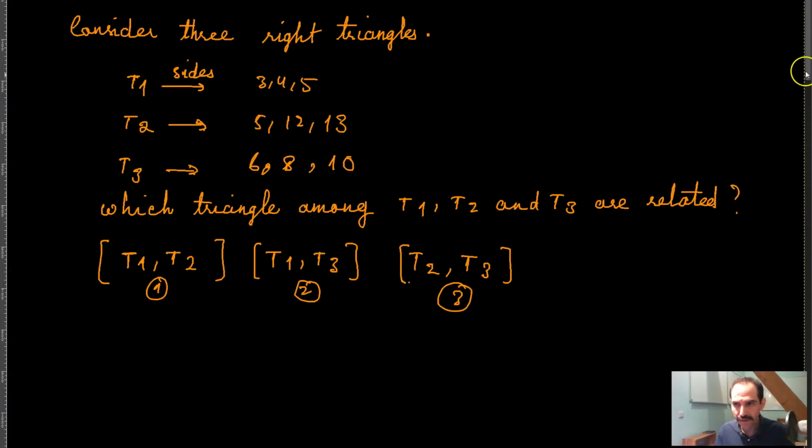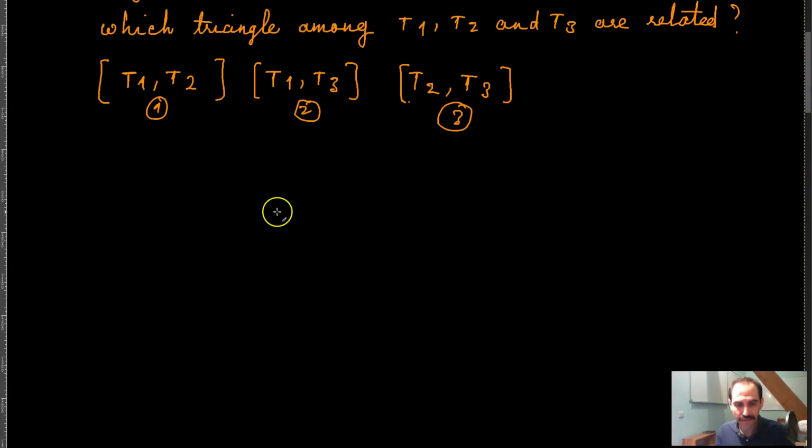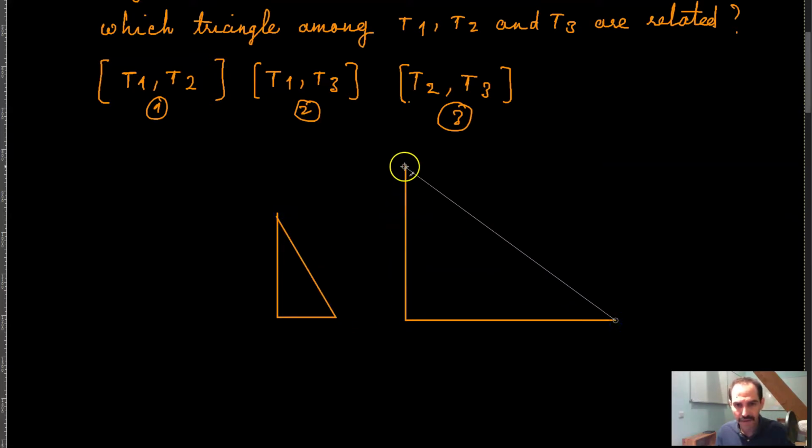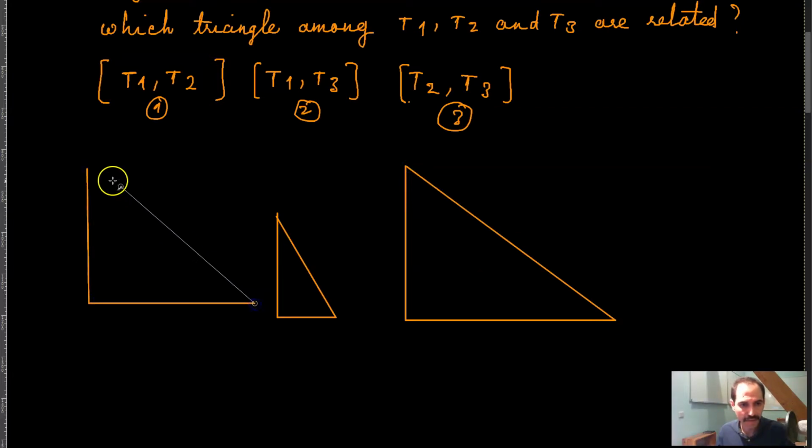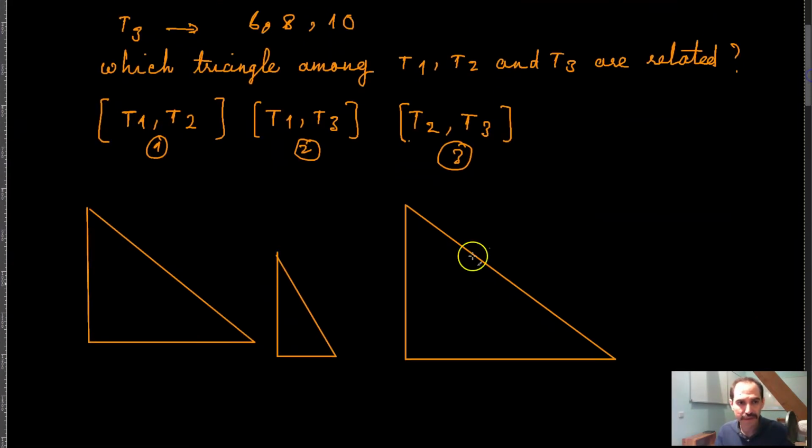For example, suppose I have these three triangles over here, and suppose that this is T1, this is T2, and this is T3.